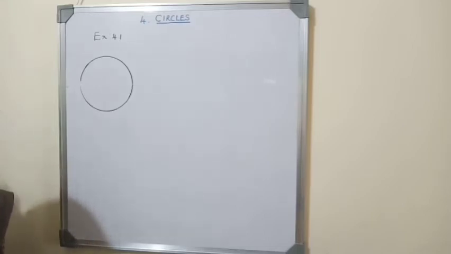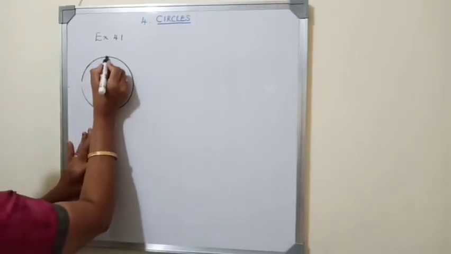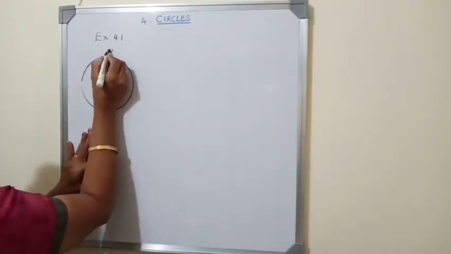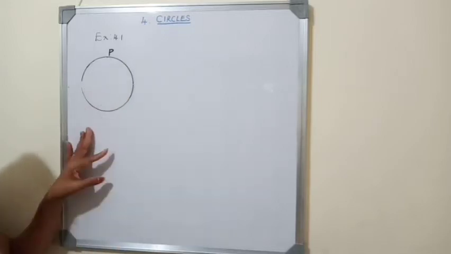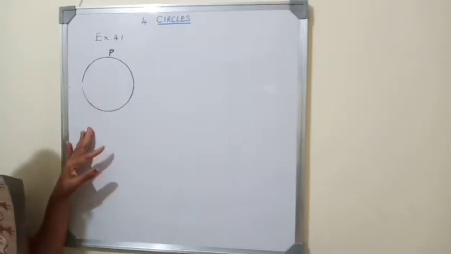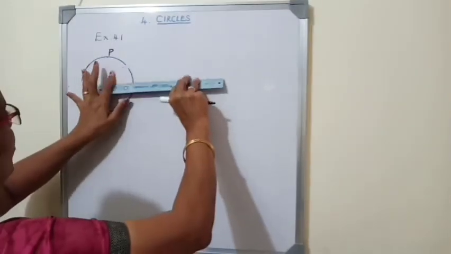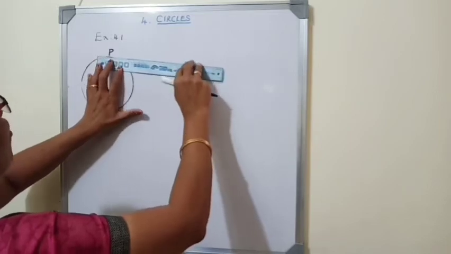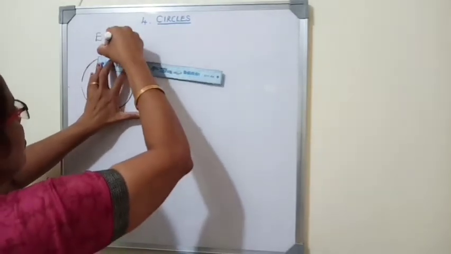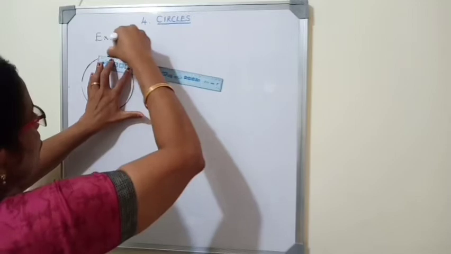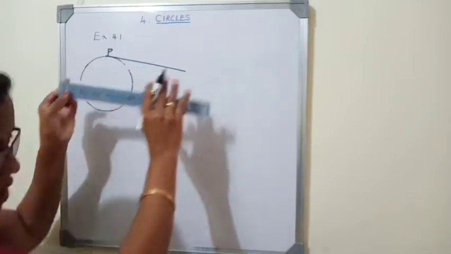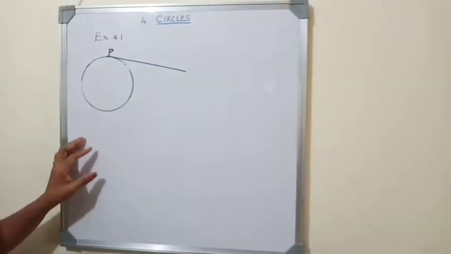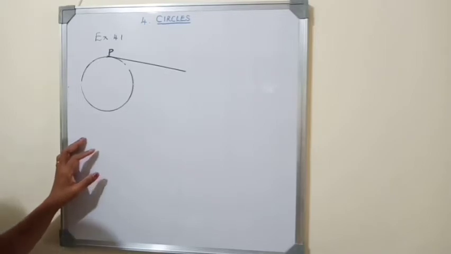So, we have to mark a point P and draw a tangent. A tangent is a line which is touching the circle at one point. So, from here we will draw a tangent, from point P, meeting a line through the center O at a point Q so that OQ is 12 cm.